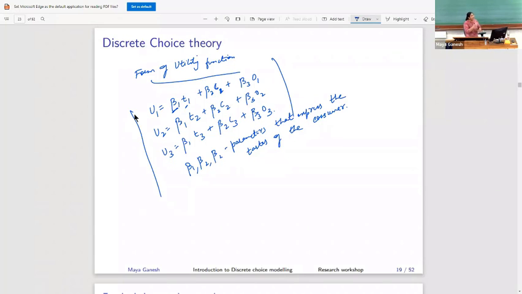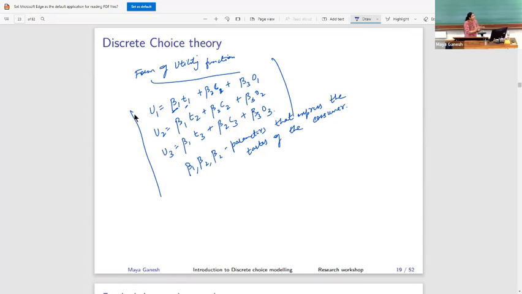Because remember, all of this is only ordering. We will later come to the notion of probability, but for now, will the utility increase such that it comes above the other alternative? This is the reason why we are interested in these betas.